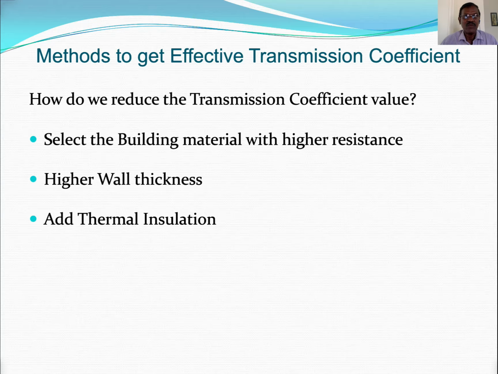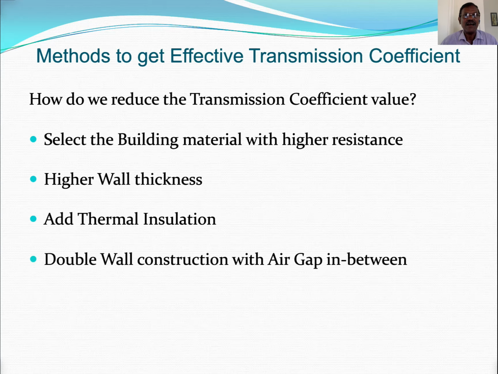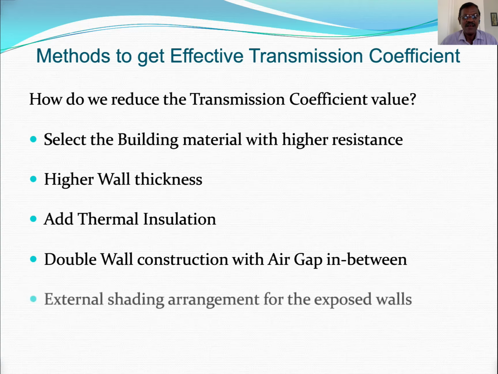And further to lower it down, you can add thermal insulation, or construct the building itself with a double wall construction with an air gap in between, which will drastically reduce the U value, or provide an external shading arrangement for all the exposed walls. So these are some of the methods we can use to reduce the transmission coefficient value.